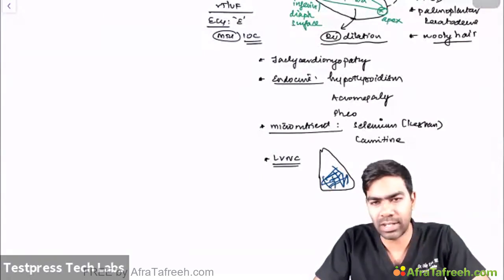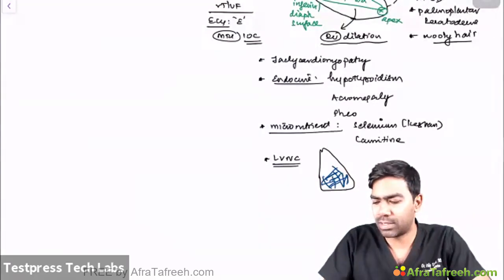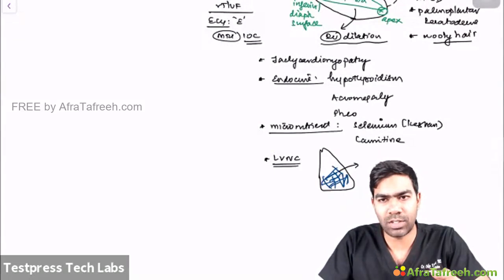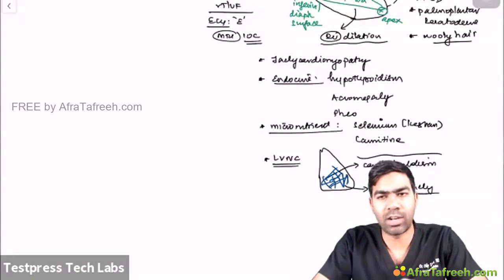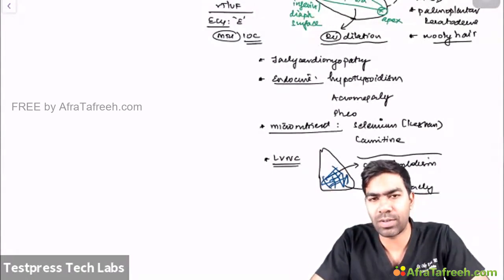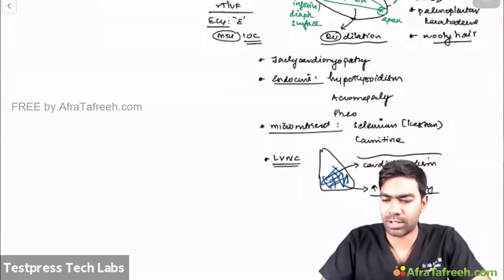And these trabeculations will trap some amount of blood, which becomes a source of thrombus, and they can produce cardioembolism and stroke. At the same time, they have increased risk of ventricular tachyarrhythmias. So this is a separate set of patients, a completely echocardiographic diagnosis, which we refer to as LV non-compaction.